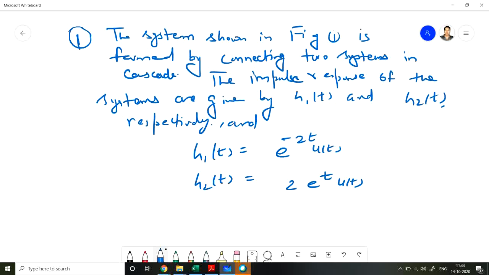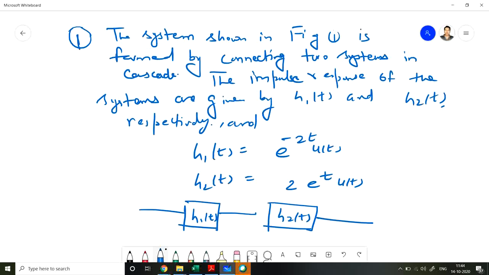So according to this question, we have two systems. This is system 1 with impulse response h1(t), and there is another system with impulse response h2(t). These two systems are connected. This is our x(t) and this is our y(t).